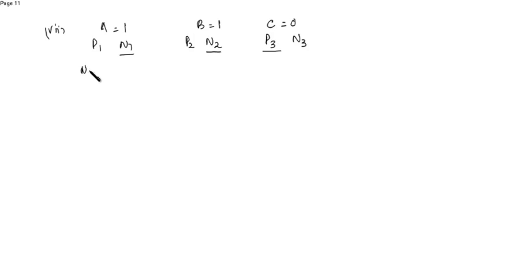So N1, N2, P3 will turn on, N3, P1 and P2 will turn off. So now this is represented by short and this is open.